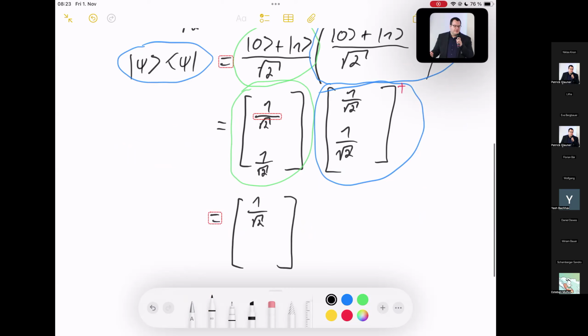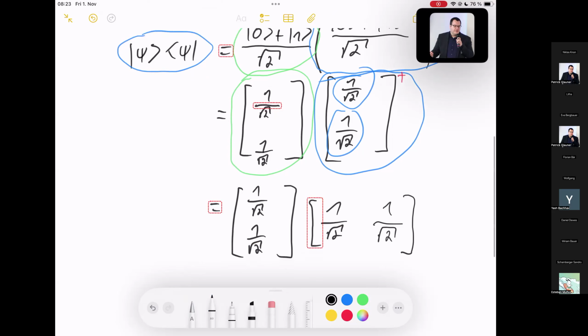Since in this blue one we have these 2 entries, they only have a real component, not an imaginary part. That means all this dagger does is transform this column vector into a row vector. So it's 1 divided by the square root of 2 and 1 divided by the square root of 2.